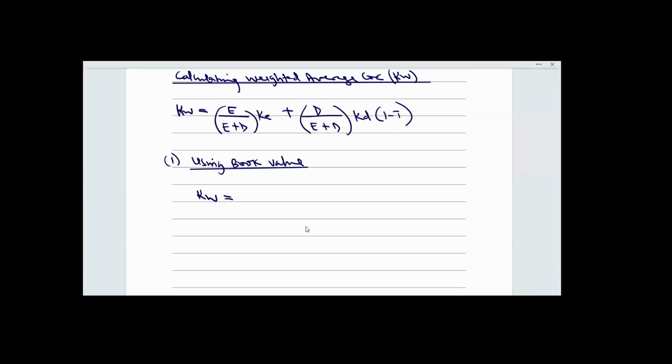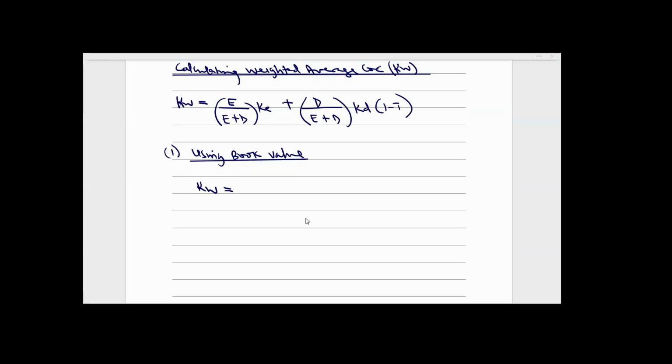In the capital structure of the company, ordinary share capital is 2 million naira. Reserves is 3 million naira. When you add the two together, that gives 5 million naira. So here will be 2 plus 3 divided by the total value, which is 6 million.